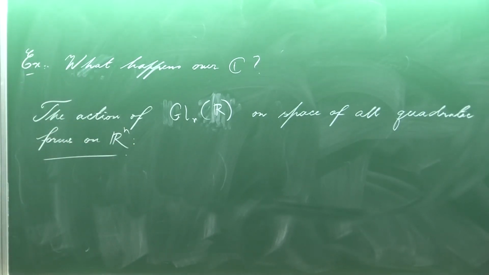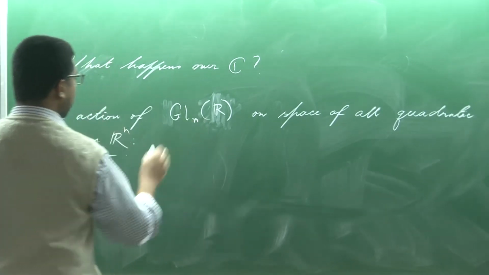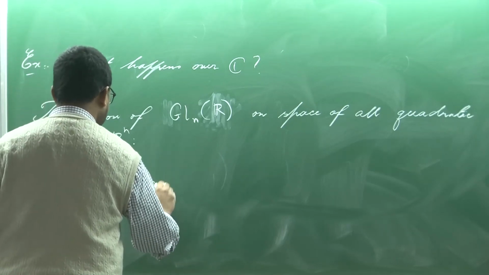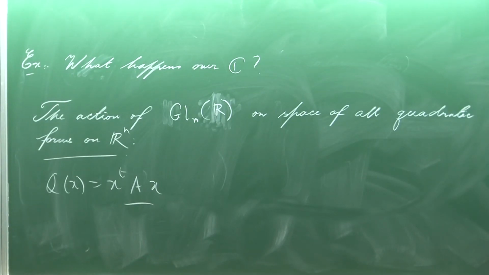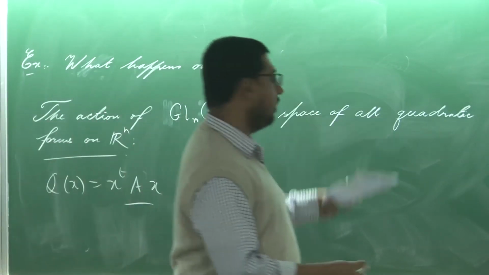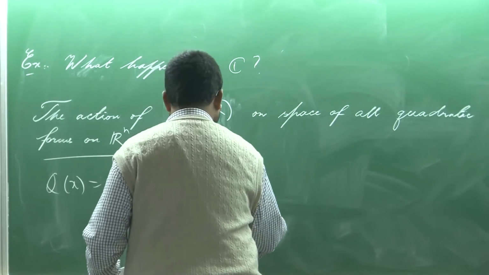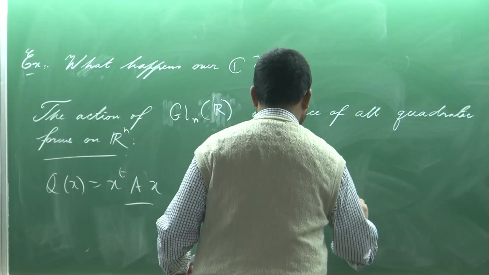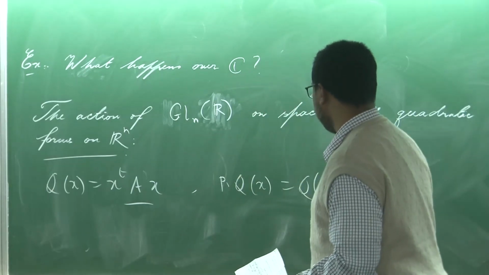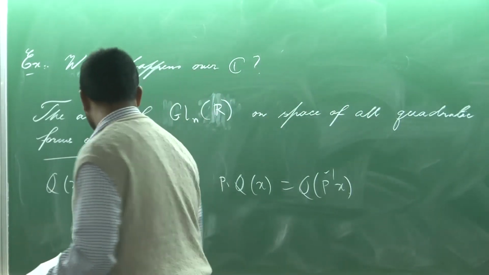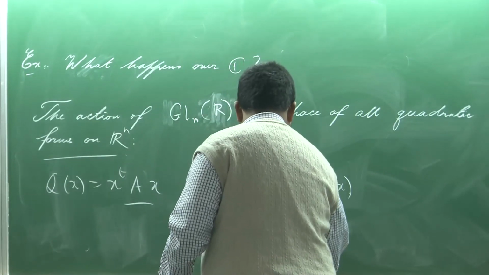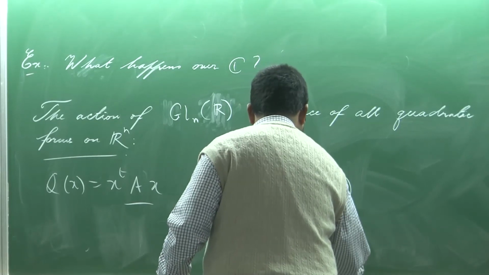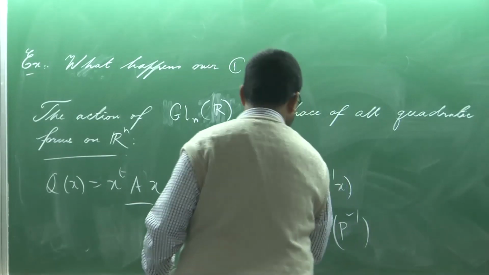So the first question is, remember that a quadratic form is also given by this for some symmetric matrix A, and if you recall the action of P on Q is defined like this, Q of P inverse X. So the matrix of this is also a matrix of this form.